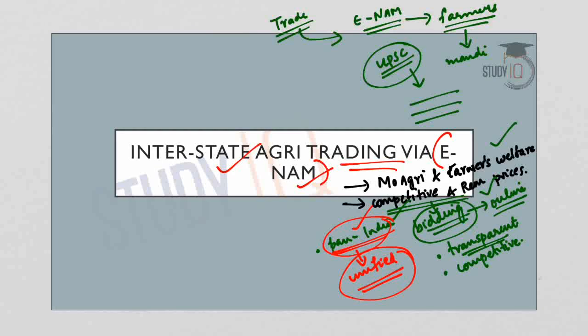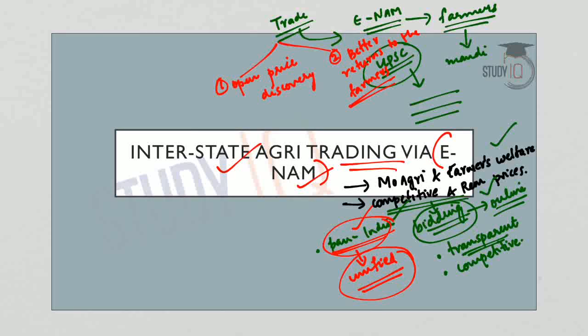This helps in, one, open price discovery, that means there is more transparency. It is done online, so it leads to open price discovery, and secondly it leads to better returns to the farmers. So eNAM will help the farmers in better price discovery for their produce.